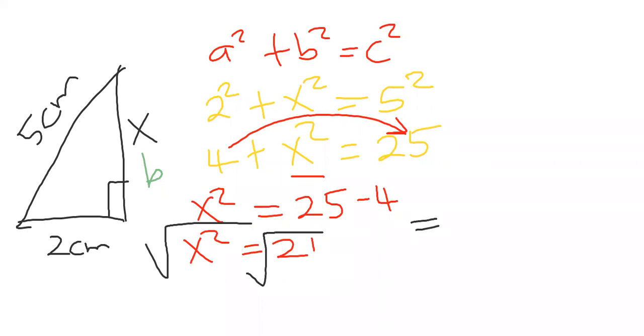Then the square root of x squared is going to give us x, and our x is going to be equal to the square root of 21, and the square root of 21 gives us 4.58. So which then means x is equal to 4.58 centimeters. So your b is equal to 4.58 centimeters. So that's it about the Pythagoras theorem.